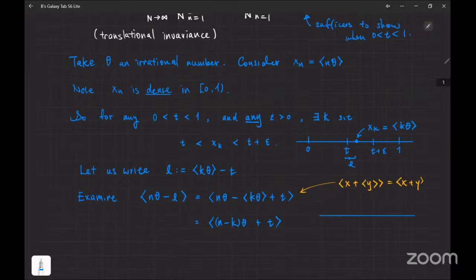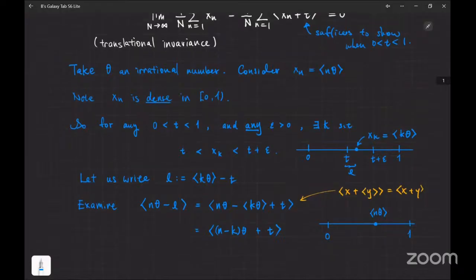So this is, let's say 0, 1, and let's say for the sake of argument that this is our n theta, and where is n theta minus L? Well, let's say L is this much. So let's say I went back here like that.